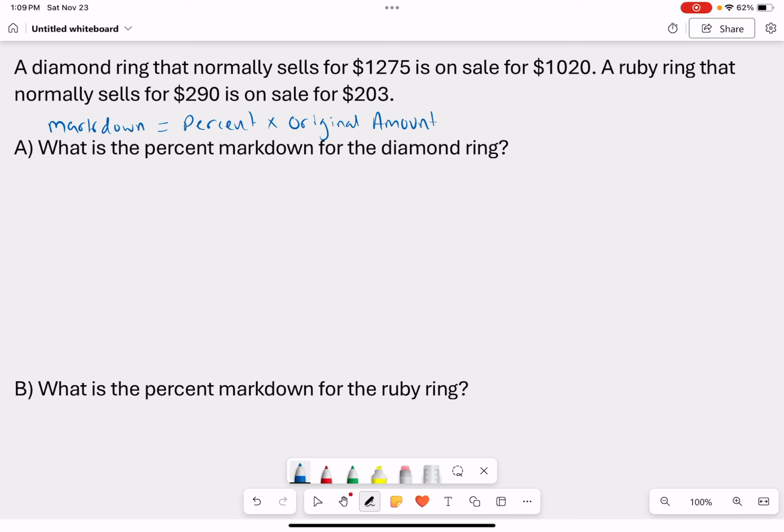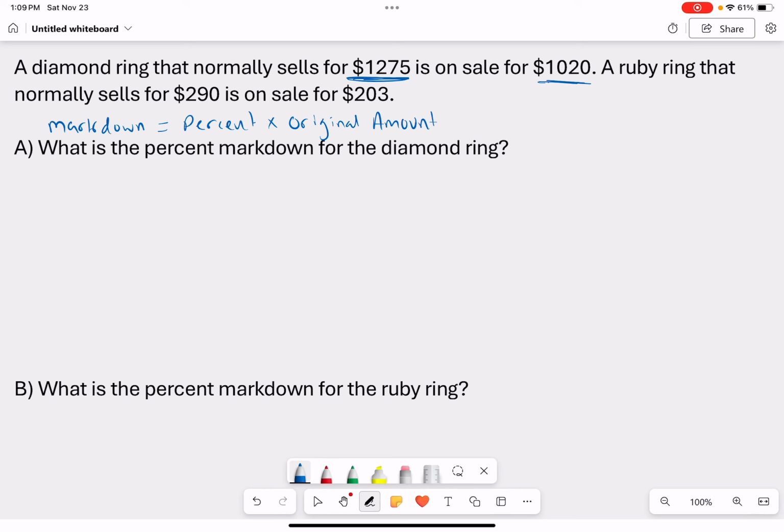And yes, I can, because it gives me the original amount of this diamond ring, which is $1,275, and then $1,020 after the sale. So I can figure out what the markdown is, which is a dollar amount, or a value to the next value, how much it went up by or how much it went down by.